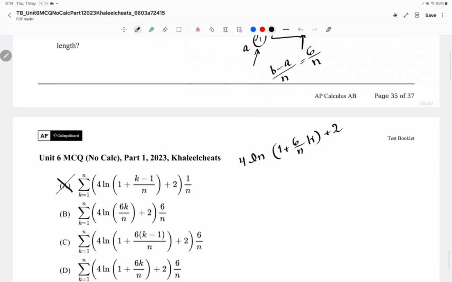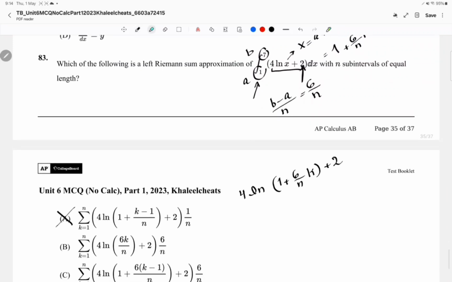So now the reason that I don't see my answer there is because here they're saying it's the left Riemann sum approximation. And when it comes to left Riemann sum approximation, it's almost the same thing, but just play around with the k, make it k minus 1. That's why they said left Riemann sum.